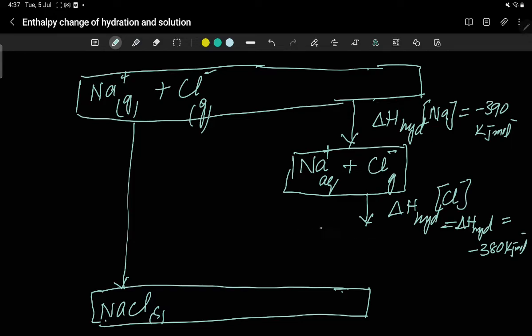And now it changes into sodium aqueous plus chloride aqueous.